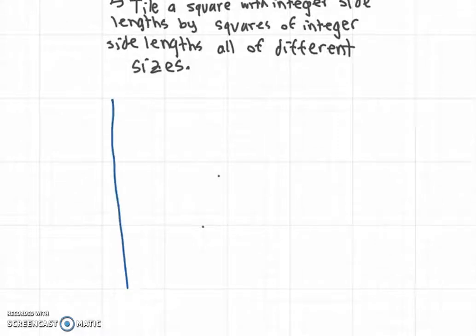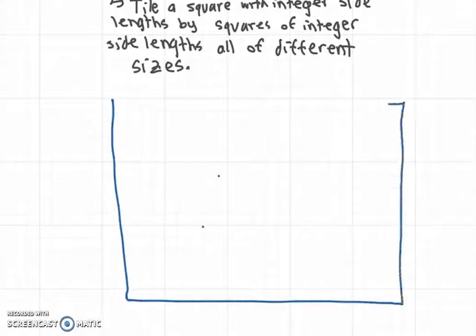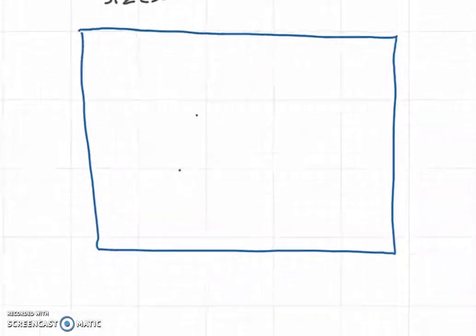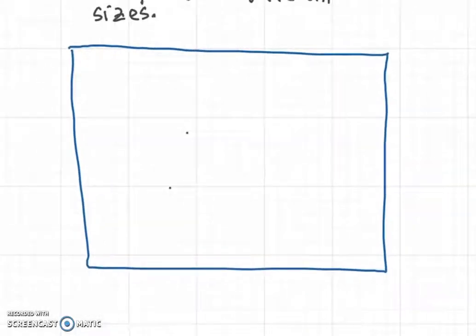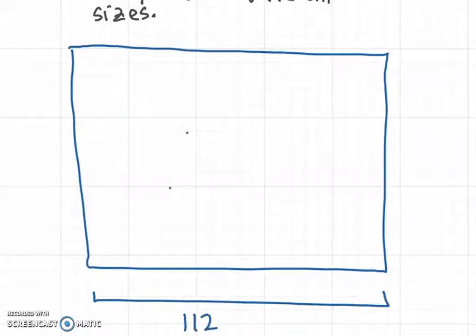So start with a square of side length 112. Now on the bottom left, I'll put a square of side length 33. Okay, so here we go.